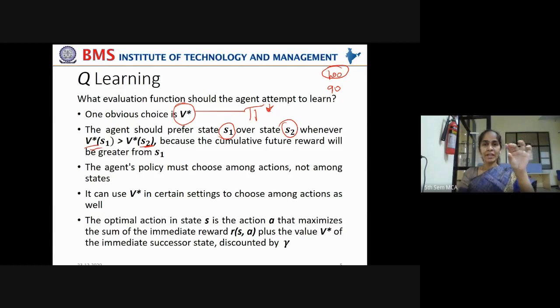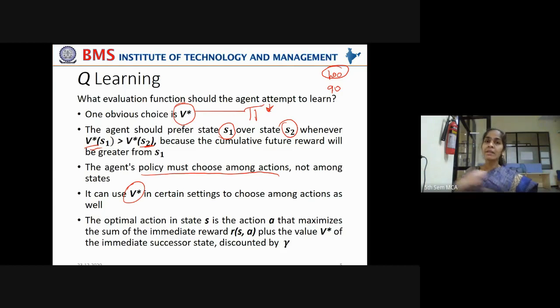Though the initial state is not correct, intermediate steps can be optimized to get maximum rewards. Though the initial state is correct, because the intermediate steps are not optimal, it can get fewer rewards. That is why the agent's policy must choose among actions, not among states. It can use this V star in certain settings to choose among actions as well, not only the states.